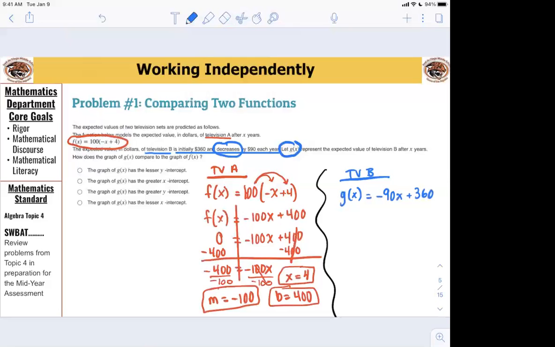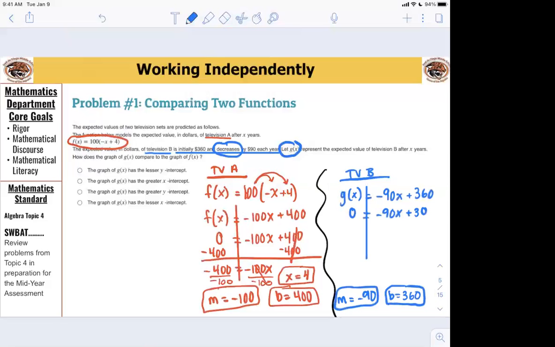All right, so there's my y equals mx plus b. And just like TVA, now I have some information. I have my slope. I have my y-intercept. And I can figure out the x-intercept using the same strategy. So I'm going to set it equal to 0.